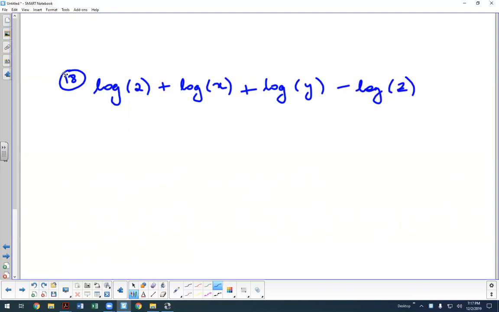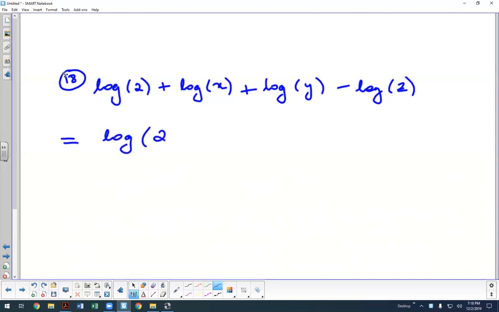Does anybody have an answer? Okay, so the plus sign tells us what rule? And the minus sign? Division. Quotient rule. Yeah, so all the ones that are being added will end up giving us 2xy. So you're literally just multiplying because the first 3 are with the addition sign. That's where the product rule comes in.